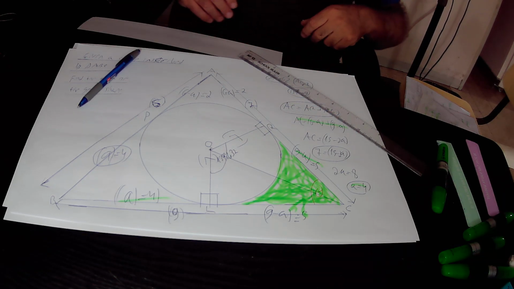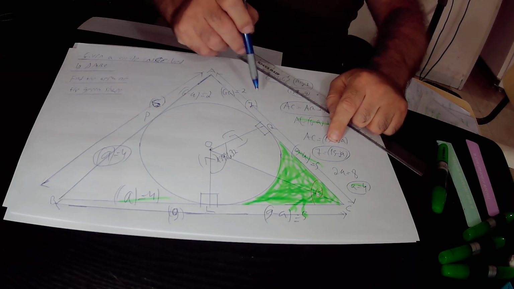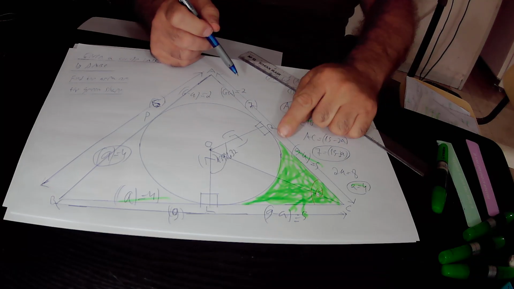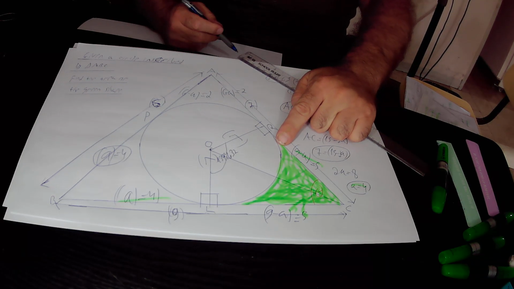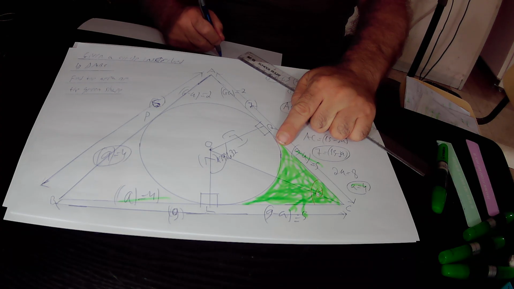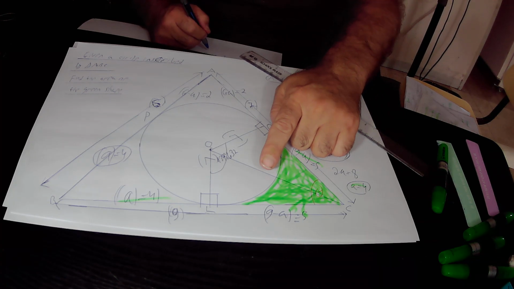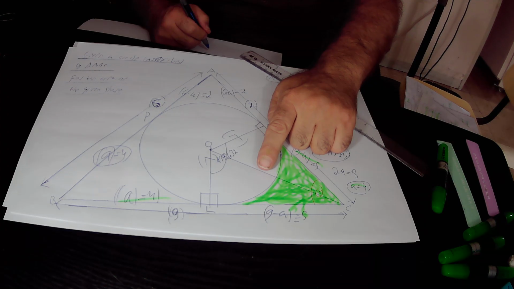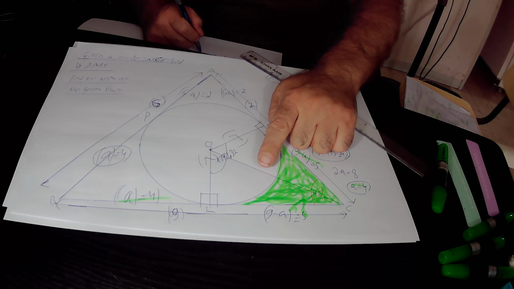So write it down: the area of this quadrilateral QOLC equals the area of this right triangle OQC plus the area of this right triangle OLC.